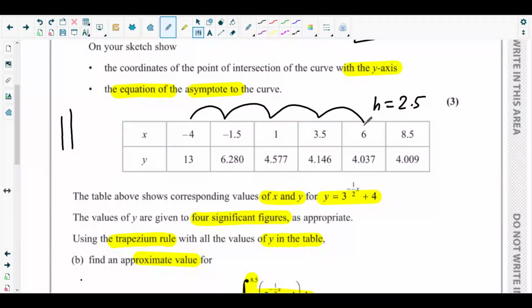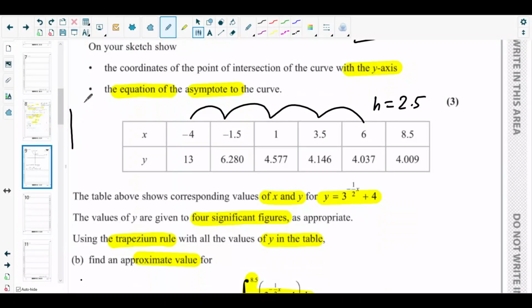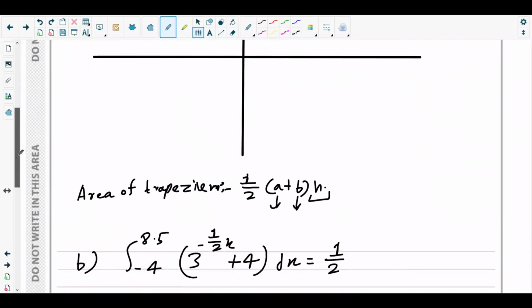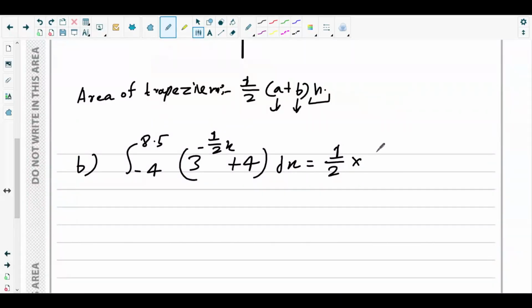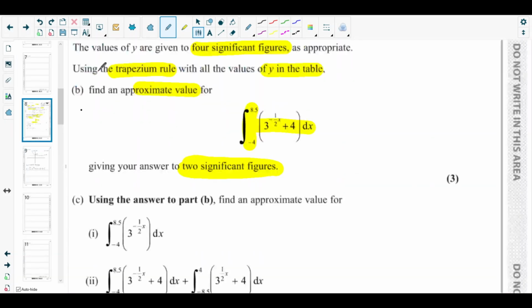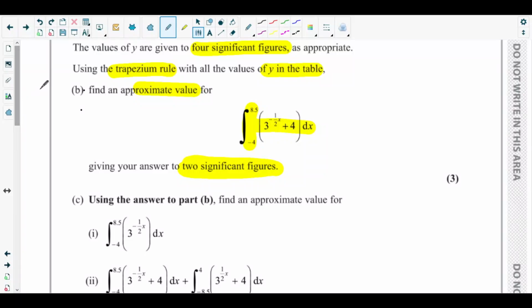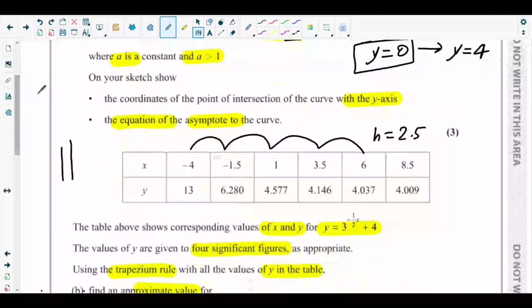The separation between the strips, or the width of the strips, is 2.5. So h is 2.5, which is 5 over 2, and then we take it common and write a second bracket. In the area of trapezium, the height of the first strip will not repeat twice, so this is alone.